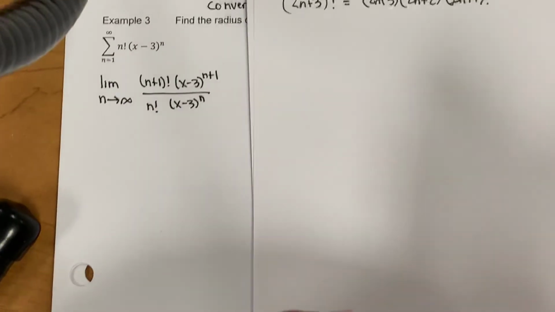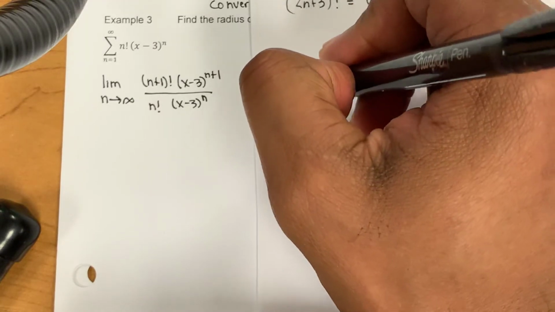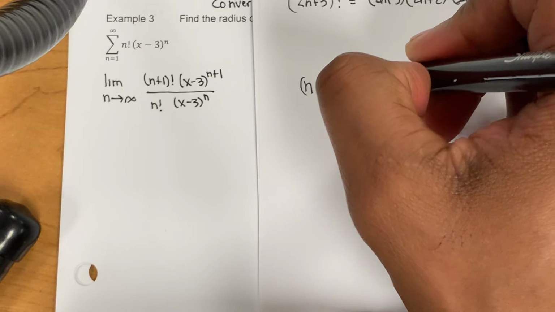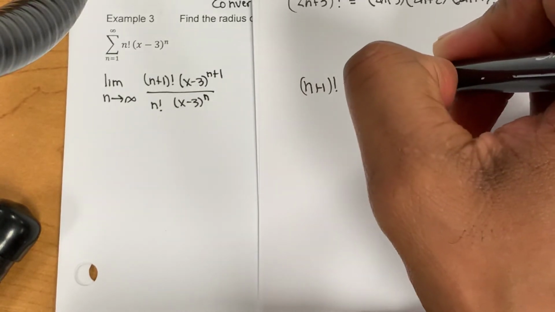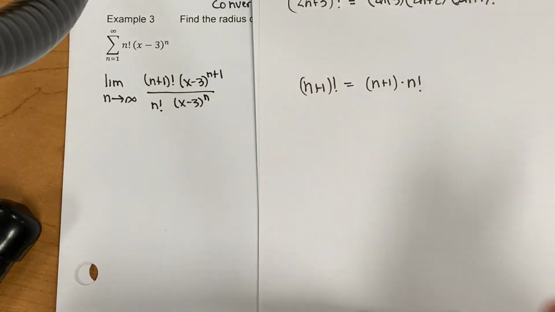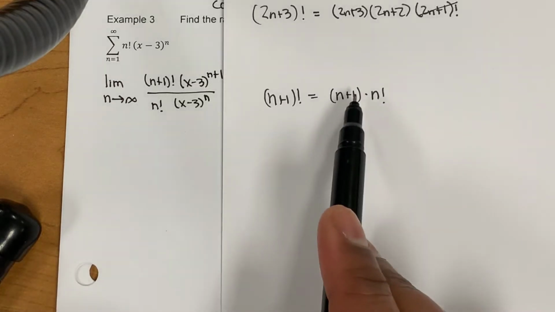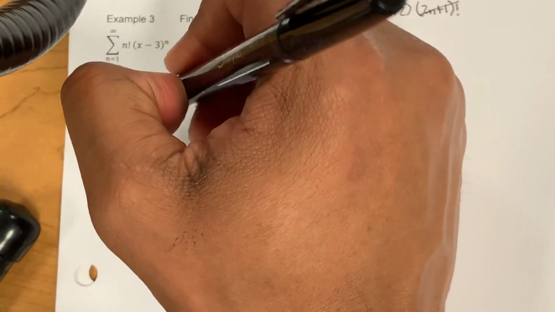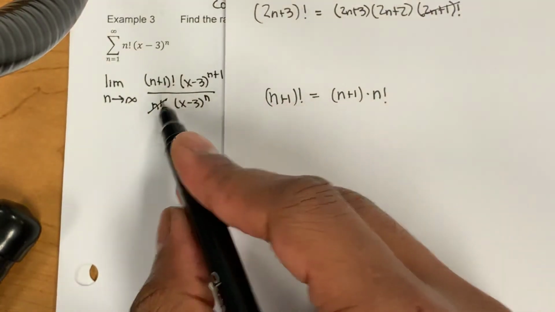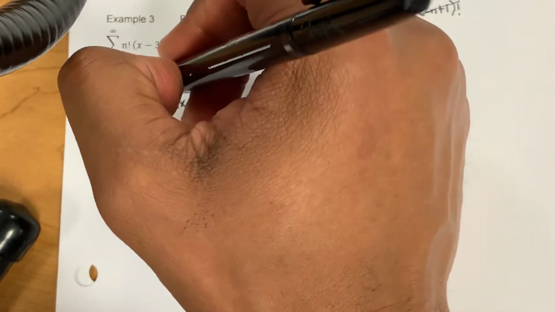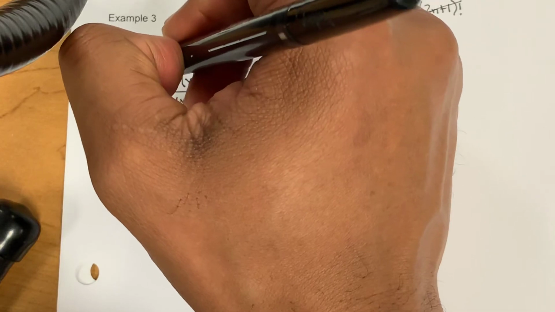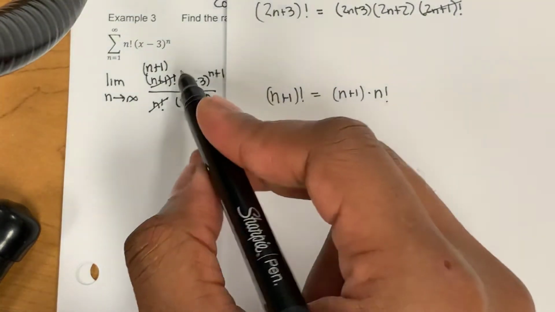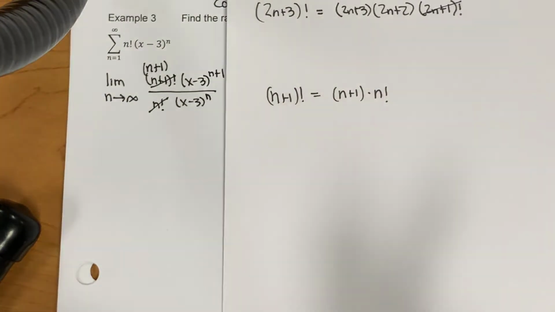So a similar trick is if we have n plus 1 factorial, that equals n plus 1 times n factorial. So if n plus 1 factorial is n plus 1 times n factorial, in the numerator, well, in the denominator, the n factorial cancels out, and this turns into just n plus 1 without the factorial, because we took out an n factorial from n plus 1 factorial.